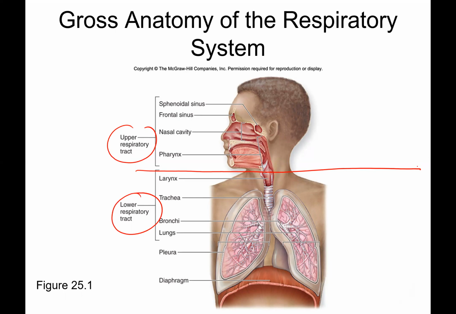Okay, so about the level of the thyroid cartilage and up is going to be your upper respiratory tract, and then about the thyroid cartilage and down is going to be your lower respiratory tract. So it's just a really quick and easy reference to visualize upper versus lower.